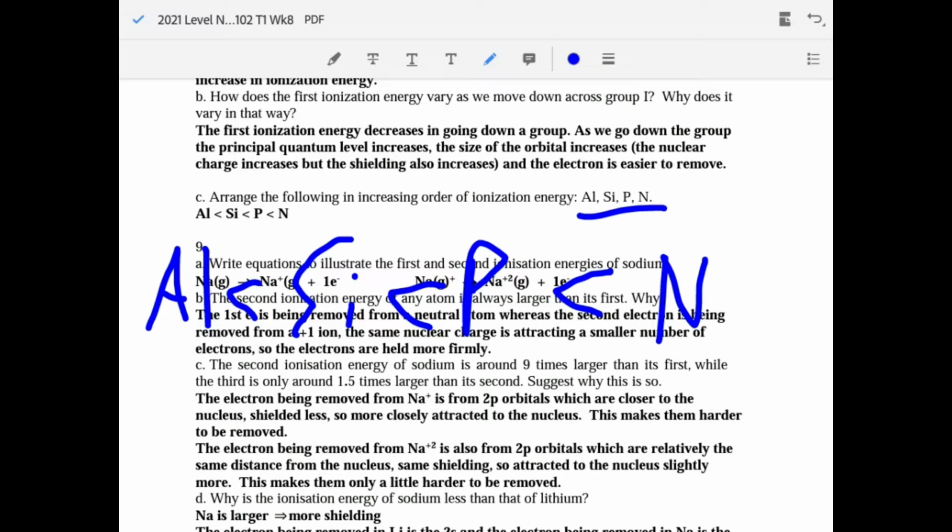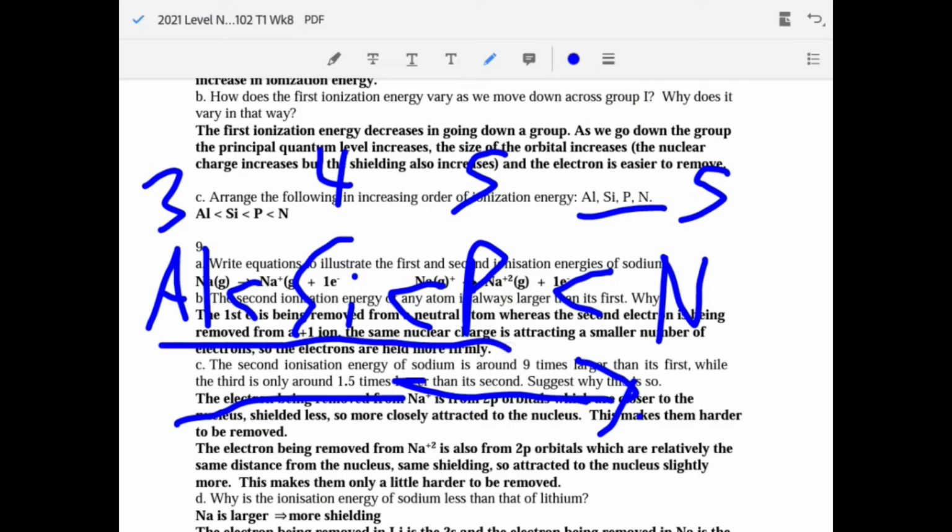So as we said, ionization energy increases as you go across the period, and this is group 3 of the same period, this is group 4, this is group 5, and this is also group 5. So these are the same period, so obviously it makes sense why the ionization energy increases.